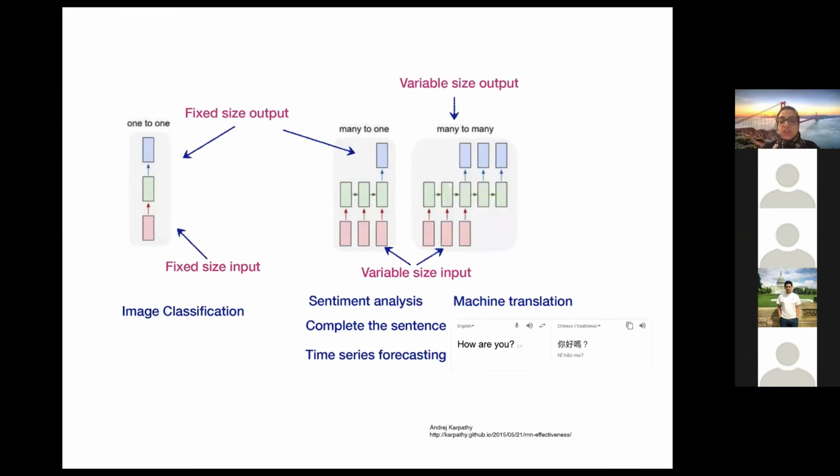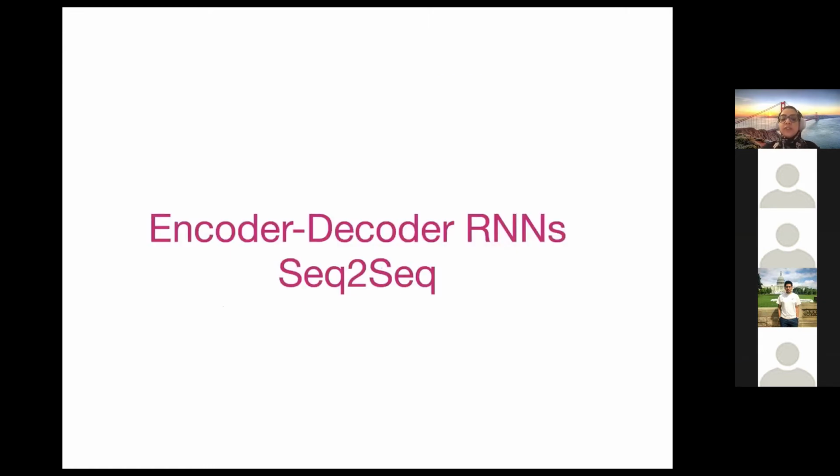The current architecture can't really deal with that. So people started to think about an encoder-decoder recurrent neural network, called seq-to-seq because we have an input sequence and we produce another output sequence.